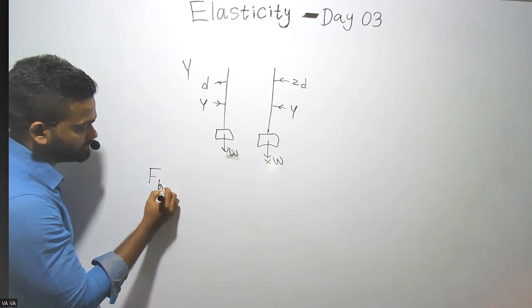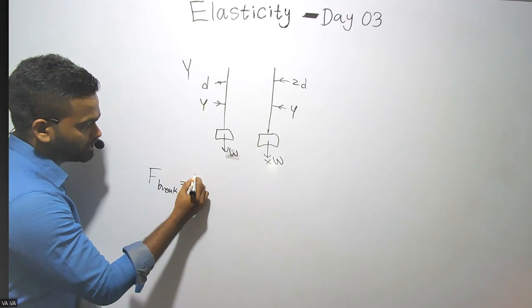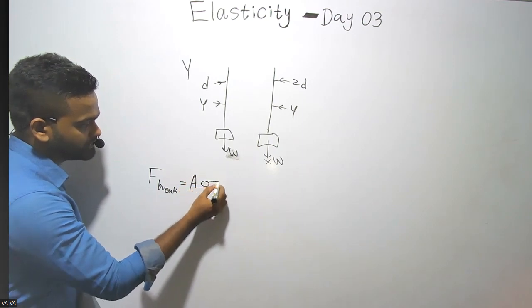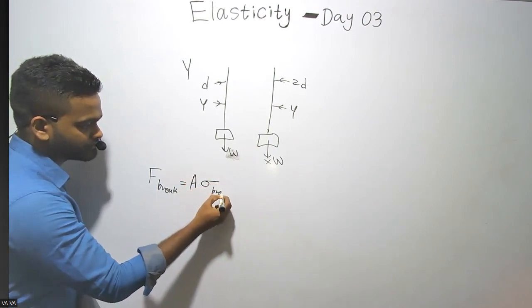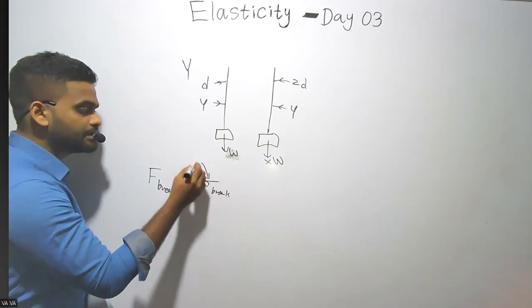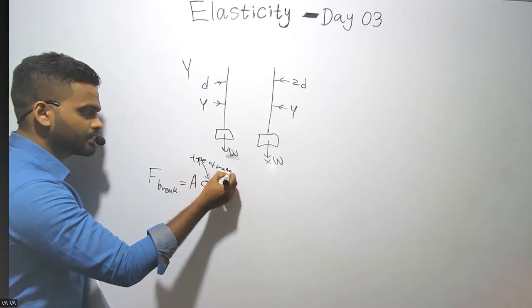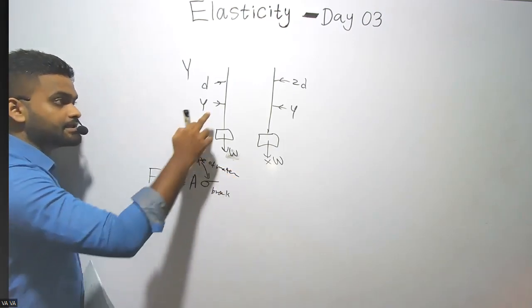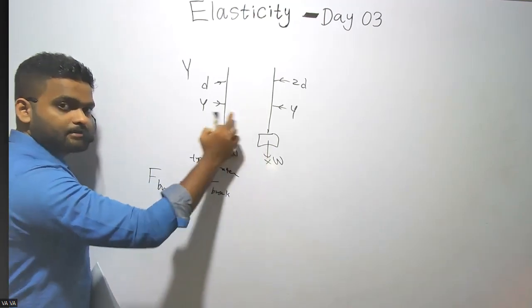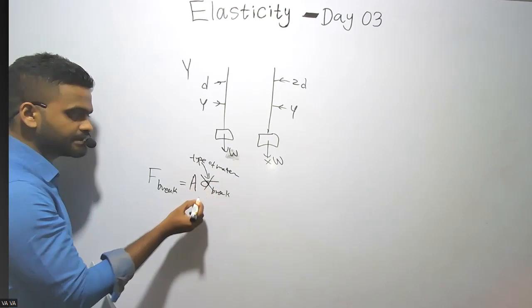You can check that F break is equal to cross section times stress break. This stress is only dependent on the type of material. Since the type of material is the same, you don't have to think about sigma break.